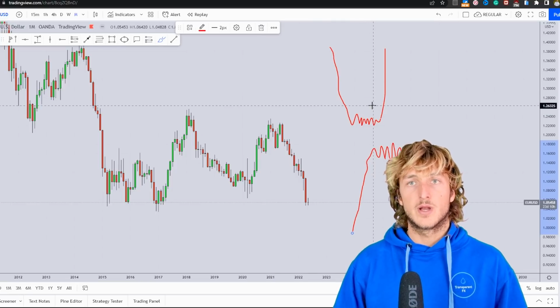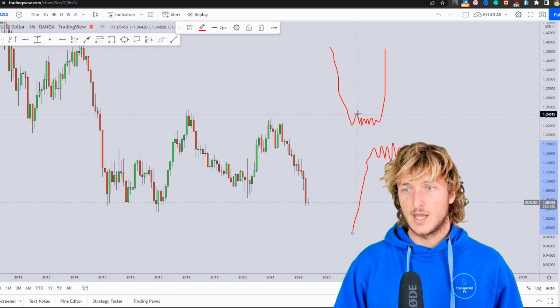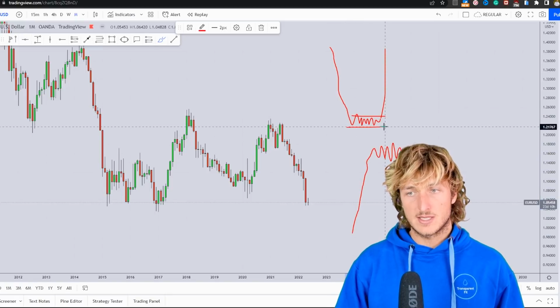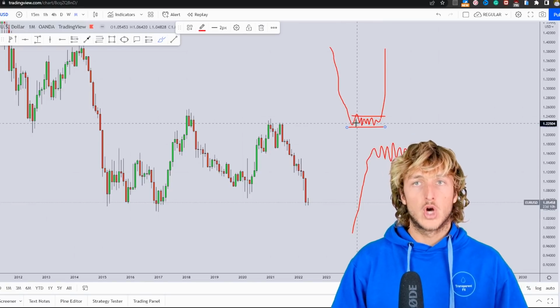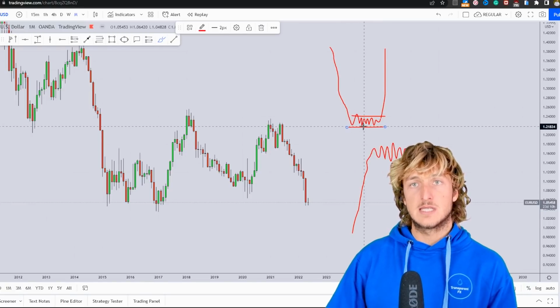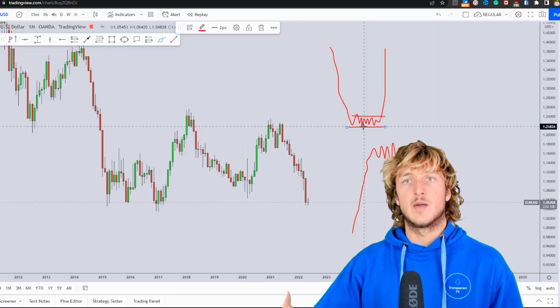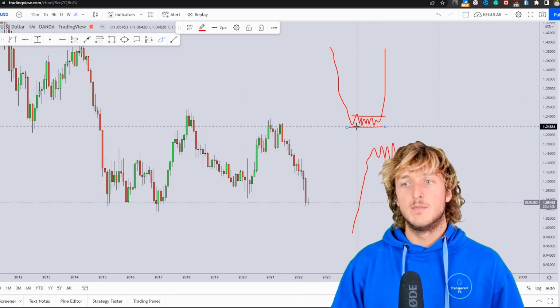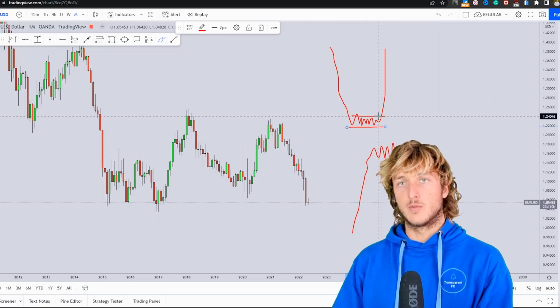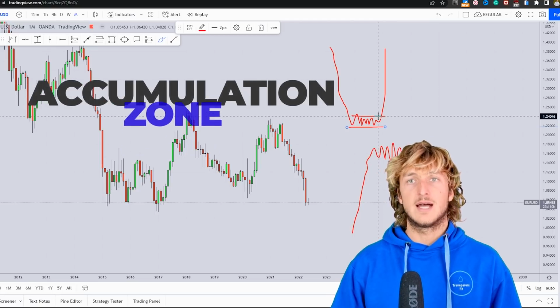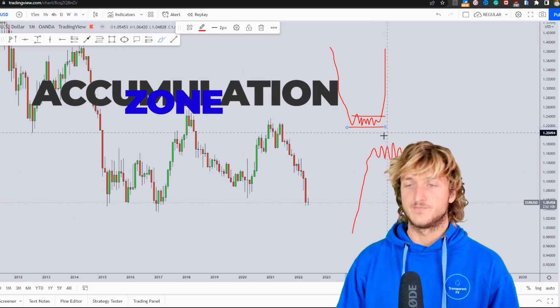That is where accumulation comes into play. You create sideways price action, you keep the market in a range, and you continue to constantly buy from the sellers that continue to come into the market. So you slowly build up your long position. You accumulate long positions, and that is in the accumulation zone.